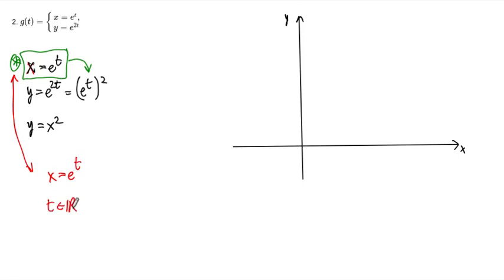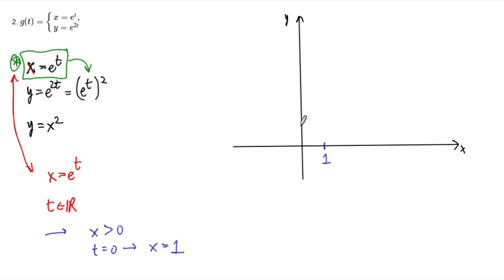But for whatever real number we plug in for t, x is not going to be any real number anymore. We end up with x having to be only positive. In particular, when t is equal to 0, x starts at 1. t equal to 0 corresponds to x equal to 1. So our initial point on this curve, if we think of 0 as time equals 0, happens when x is equal to 1, and the same thing happens for y then.